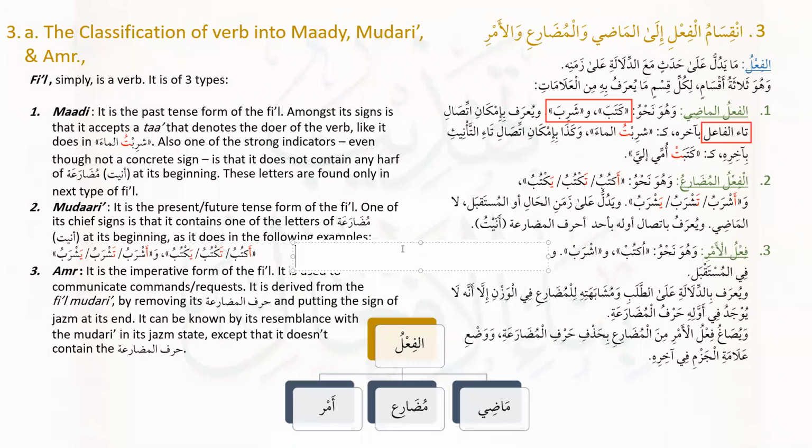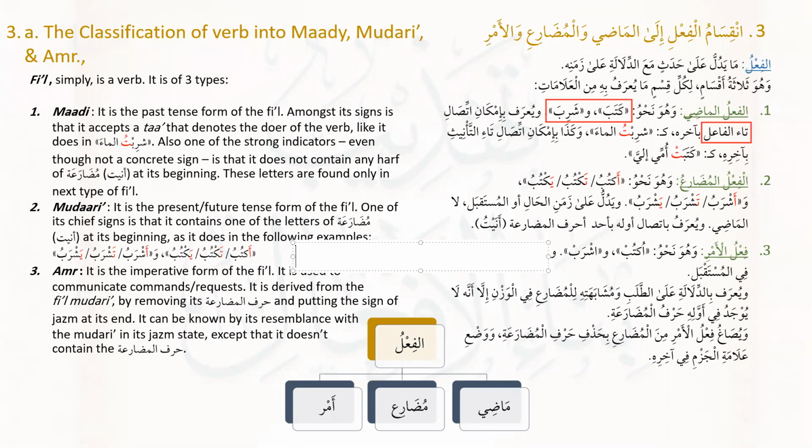It comes at the beginning of a فعل مضارع, and it denotes the gender at times, or who the doer of the فعل is. Is it the first person, or the second person, or the third person? Is it a female, or is it a male, etc. So it serves as a sign for a number of things, but it is a property that is exclusive to فعل مضارع, and you would never find it along with a فعل ماضي.